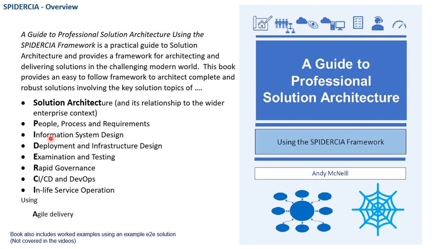The information system design, so these are the applications and data, which we're going to cover in this video, and the deployment of those applications and data, again, we're going to cover that here. The testing of the solutions, the governance in terms of is it fit for purpose, are all the risks managed effectively, the automation of the solutions using established processes like CI/CD and DevOps, and ensuring effective operation of the solution in life, all delivered using Agile methodologies.